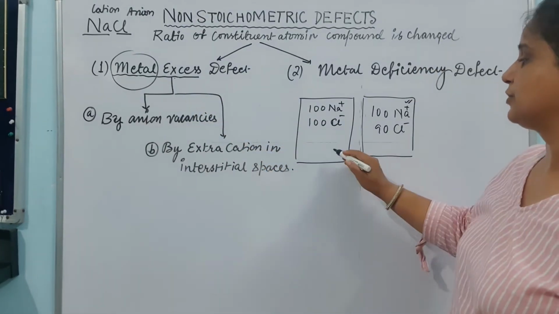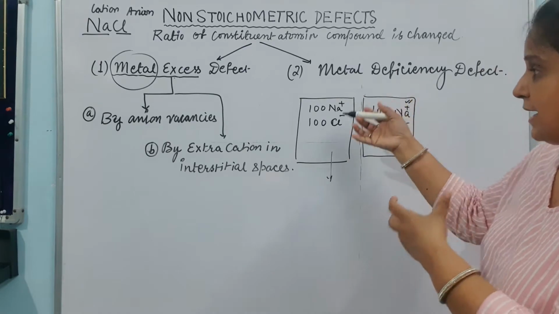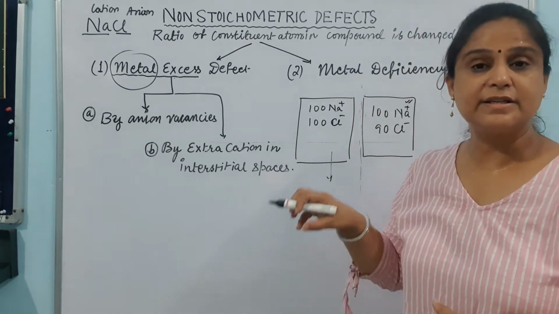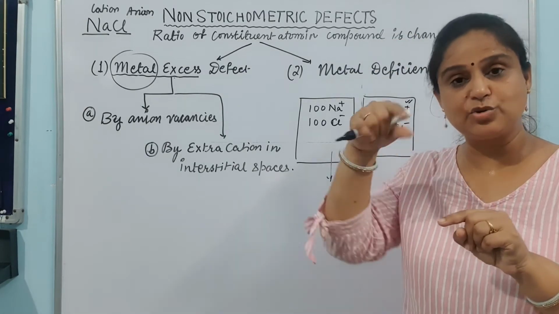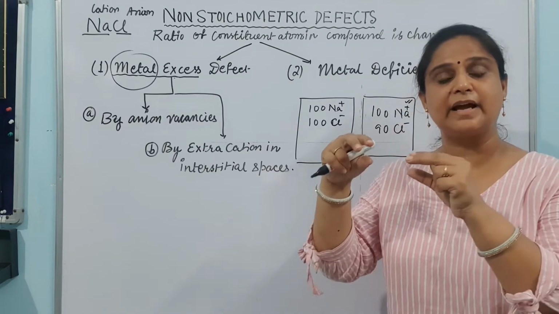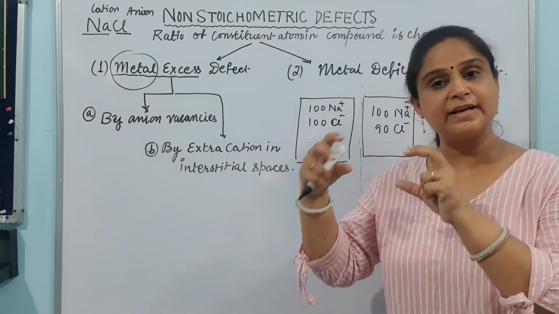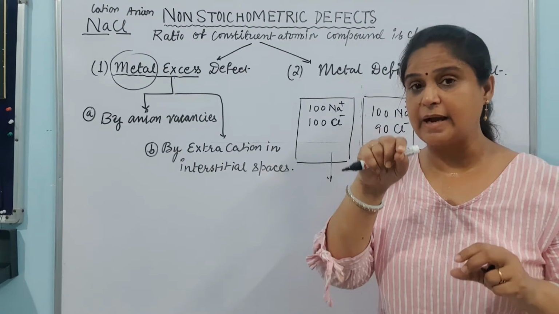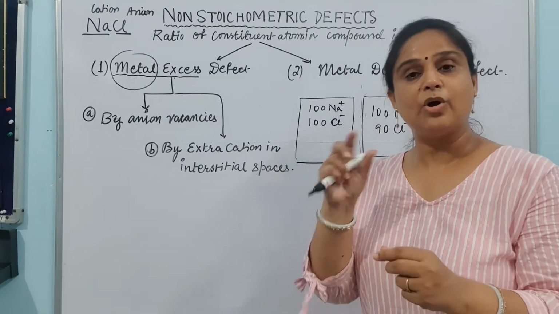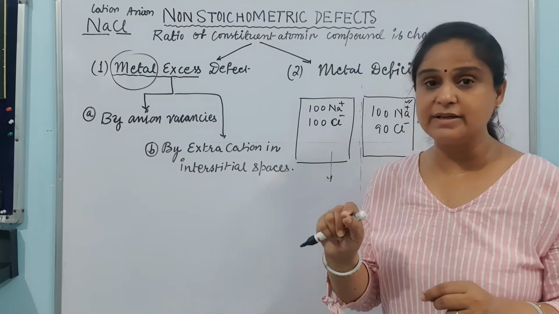Now this time what I am doing is adding more cation in the interstitial spaces. The balls are arranged in such a way that there remains a gap between the cations and anions. We are considering them as balls, and the gaps between the balls are called interstitial spaces.